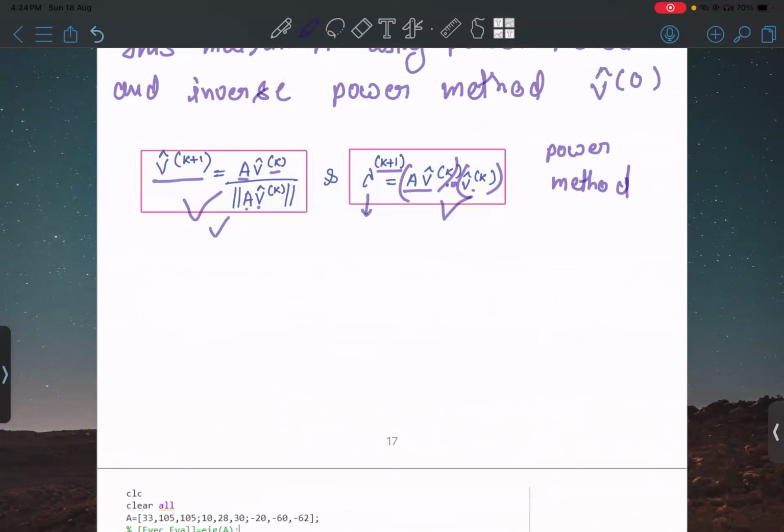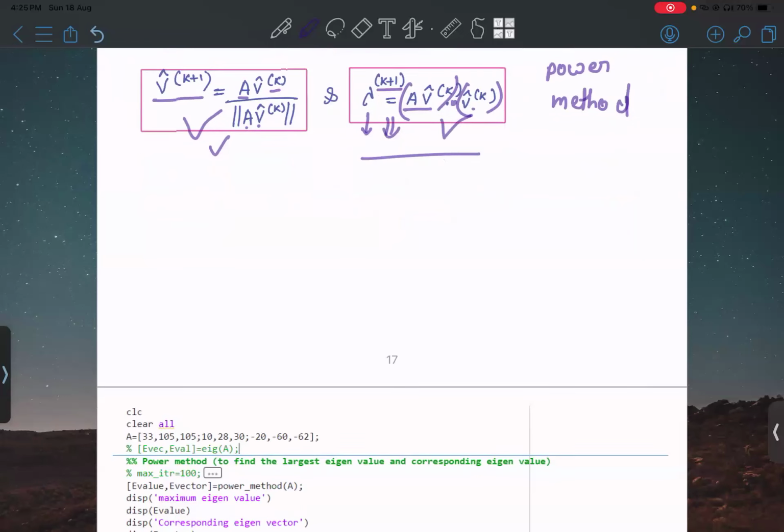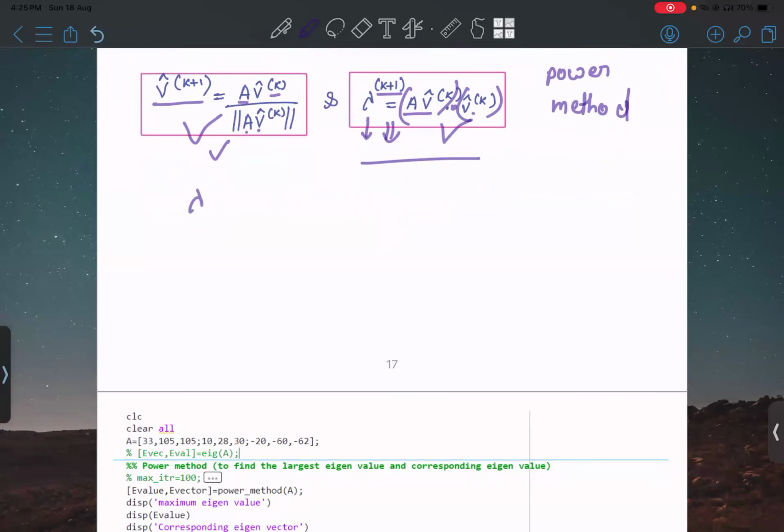Then by using this formula I will find v at different iterations, and by using this formula I will find the eigenvalue at each iteration. I will put a stopping criterion: the absolute value of lambda at iteration k plus 1 minus lambda at iteration k should be less than epsilon, the maximum allowed error.